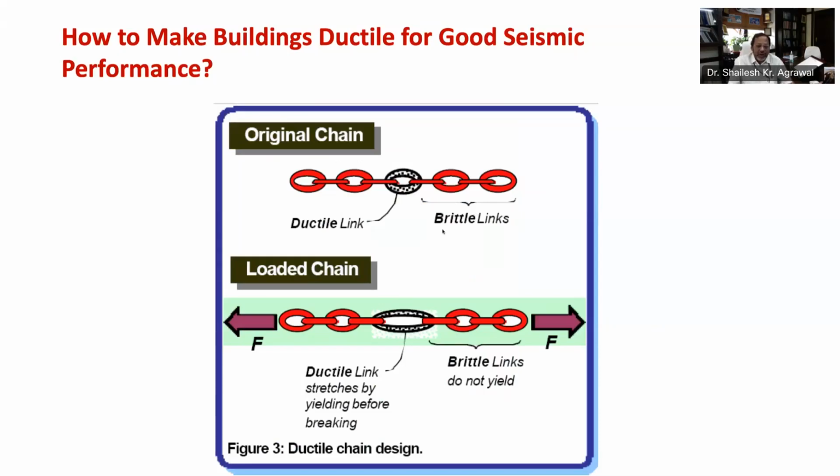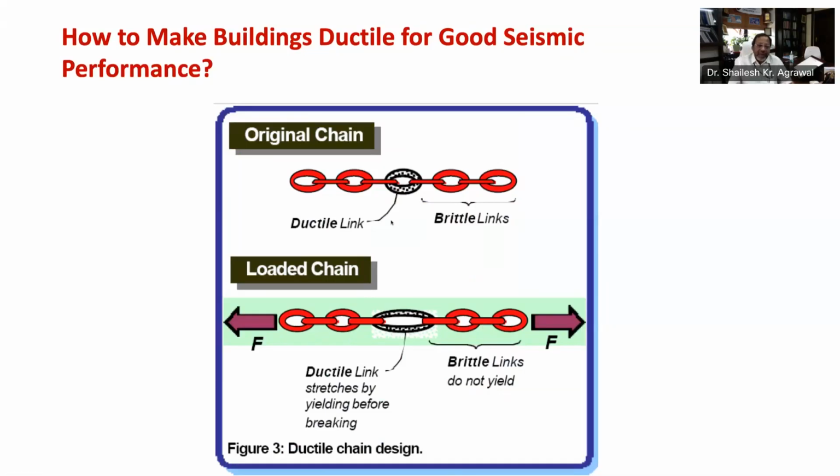Now let's hold the last link at either end of the chain and apply a force as shown here. The same force F will be transferred through all the links and each link will experience the same force F. If we keep on increasing this applied force, eventually the chain will break when its weakest link breaks.